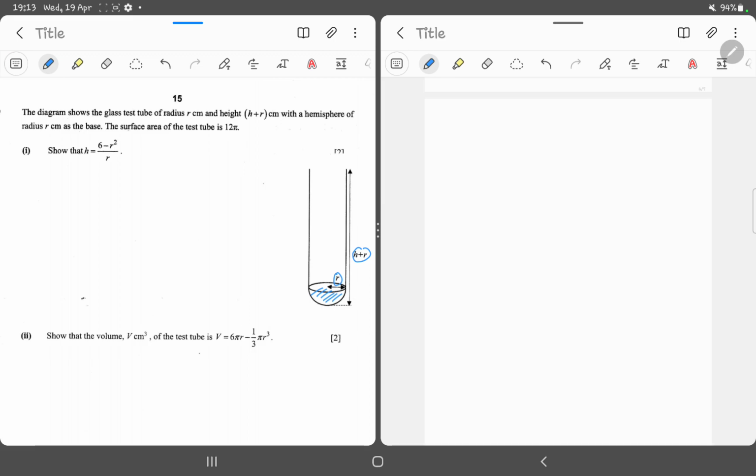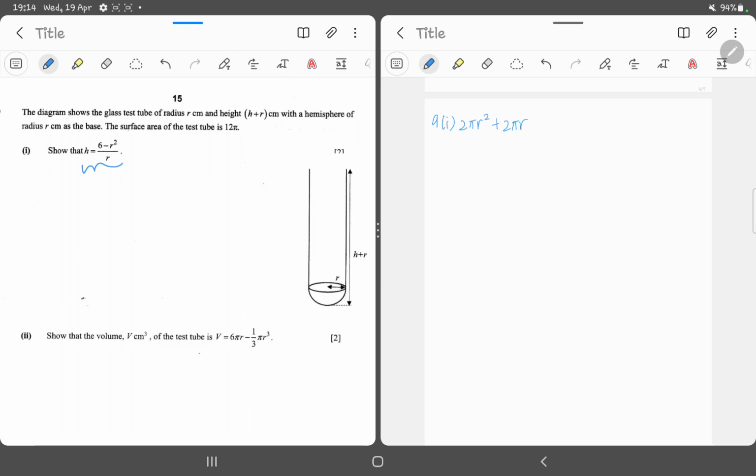The surface area of the test tube is given by 12 pi. We need to show that h equals 6 minus r squared over r. For part 1, we know that the surface area of a hemisphere is 2 pi r squared, and the surface area of the cylinder is the circumference of the circle, 2 pi r, times the height of the cylinder.